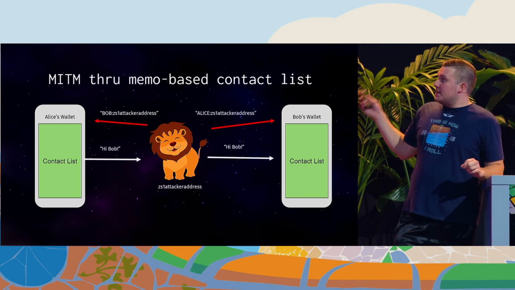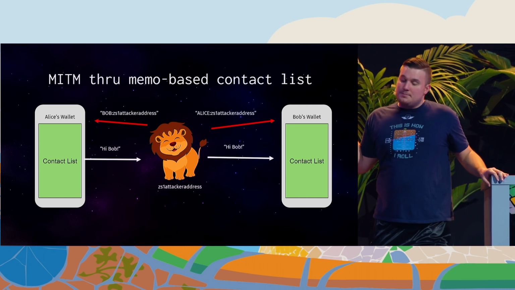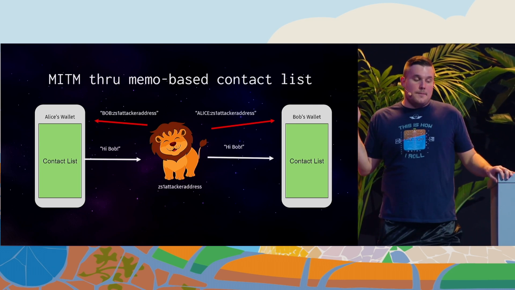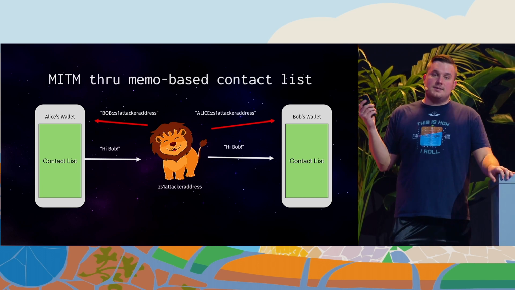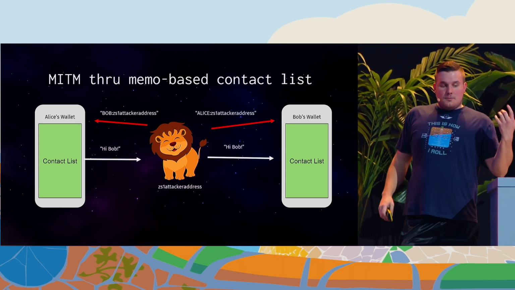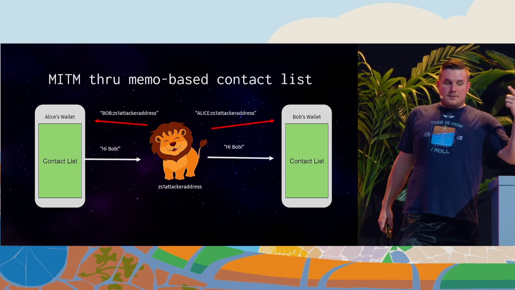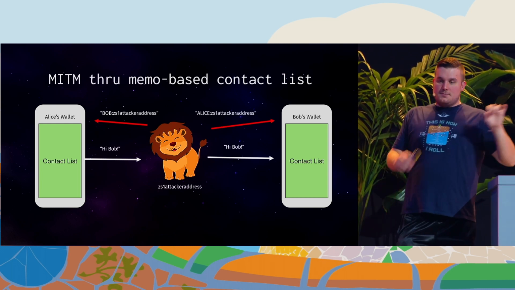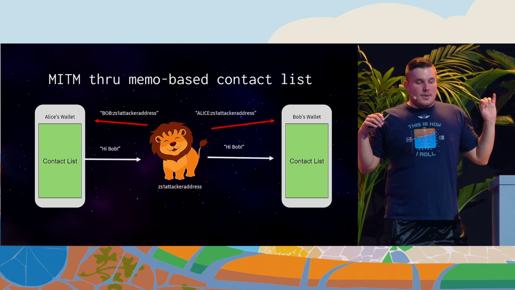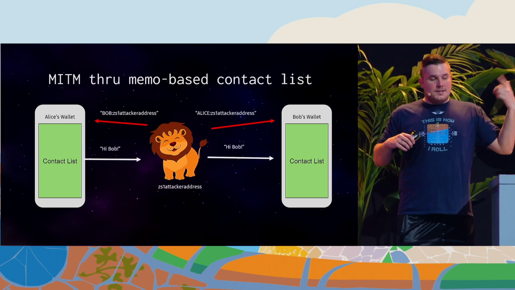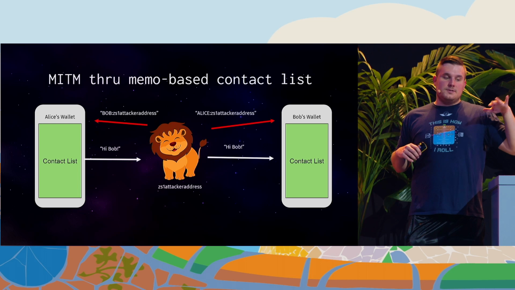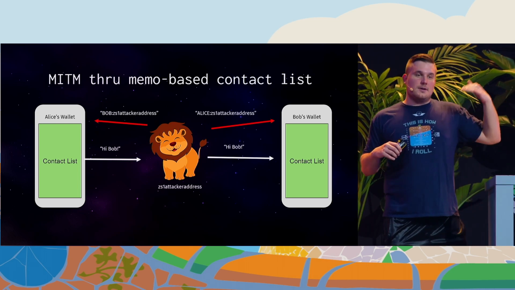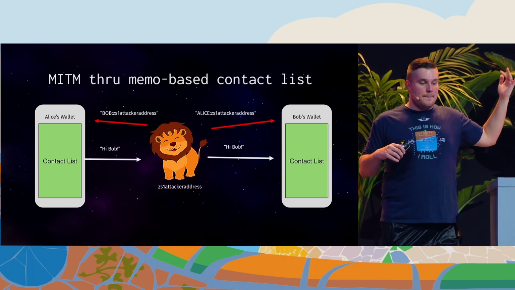In this case, a wallet used the Zcash memo field to store a contact list. Literally, the wallet would send itself a memo saying something like, Bob's address is whatever. When the wallet would sync, it would receive all its memos and recover the contact list by looking for any memos that were formatted that way.